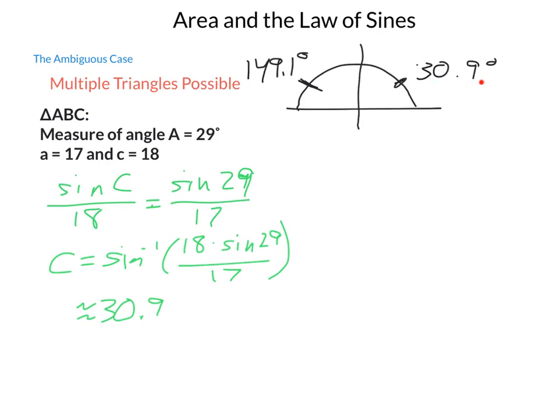So how do I know that my calculator meant this one and didn't mean this one? That comes back to a discussion of our domain and range. The real question is I know that angle A has to be 29 degrees. If I were to take this version of my arc sine, and include this angle, does it still leave me room for a third angle?